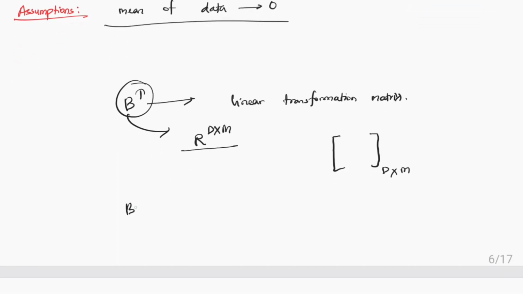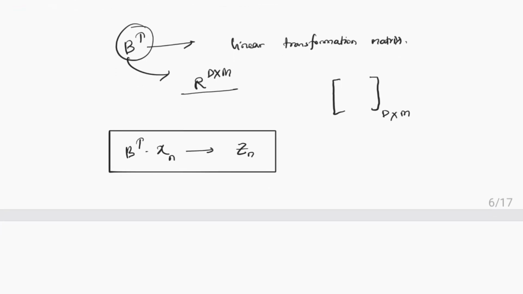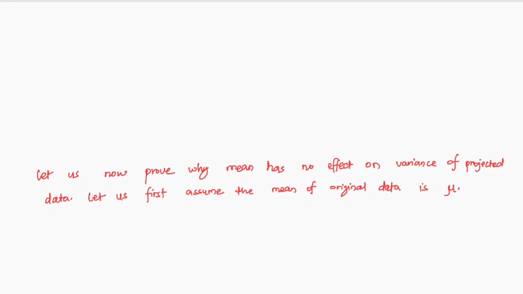So when you apply B transpose to xn, it will project the data onto the low dimensional space. We will use it, but we will have some simpler understanding of this.